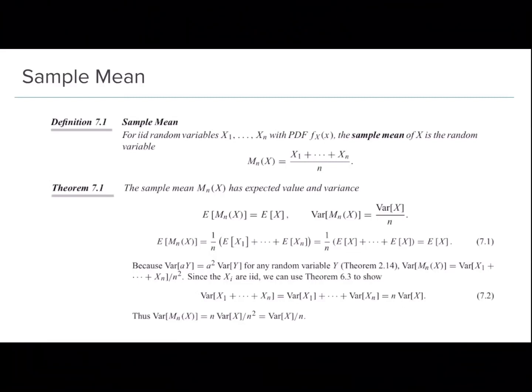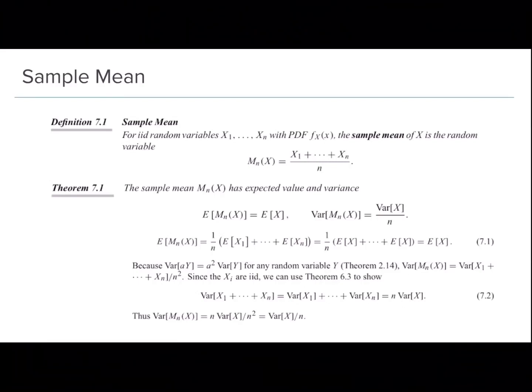And similarly for the variance of Mn(X). As we mentioned previously, Mn(X) is the weighted sum of X1, X2 till Xn. If we take X1 plus X2 till Xn to be equal to some random variable W, then Mn(X) is equal to W over n.